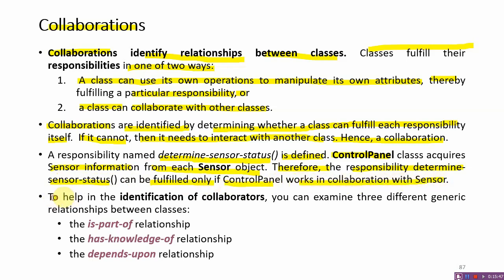To help in the identification of collaborators, you can examine 3 different generic relationships between the classes. Those are named as the is part of relationship, the has knowledge of relationship, and the depends upon relationship. So we will see each relationship in detail in the next slides.